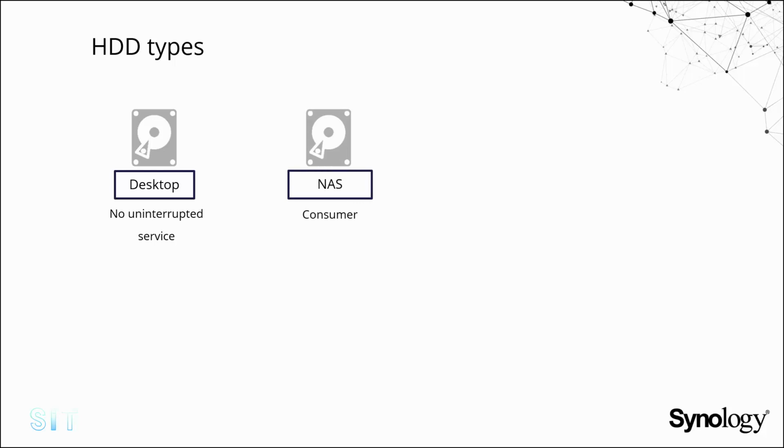NAS hard drives, on the other hand, are suitable for use in storage systems such as our Synology systems, and their advantage is that they are designed for 24/7 operation. This means that they can run around the clock in a RAID in the NAS.